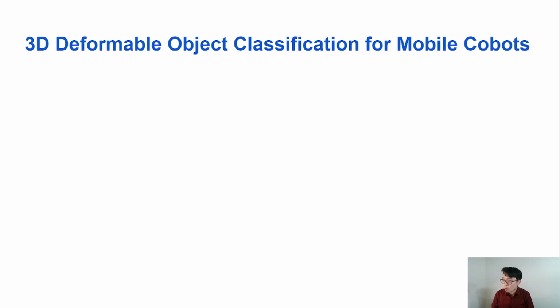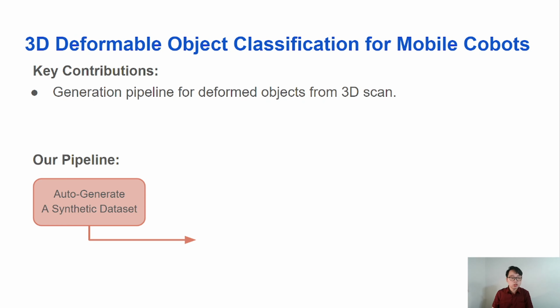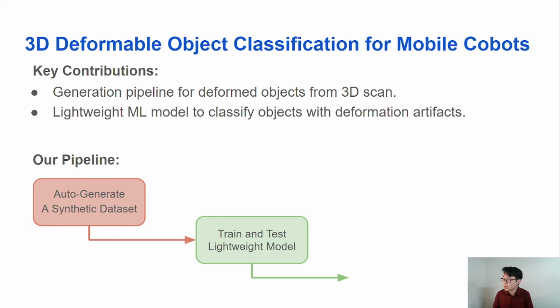So what are our contributions? Firstly, a generation pipeline for deformed objects from 3D scans. That is the first thing we should have in our pipeline. Secondly, we develop a lightweight machine learning model to classify objects with deformation artifacts, which is the second step in our pipeline: training and testing the lightweight model.